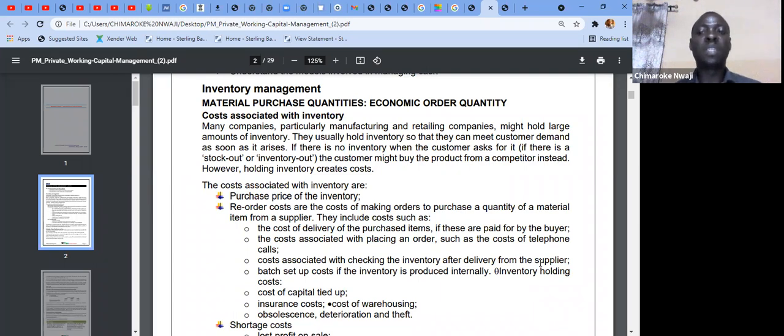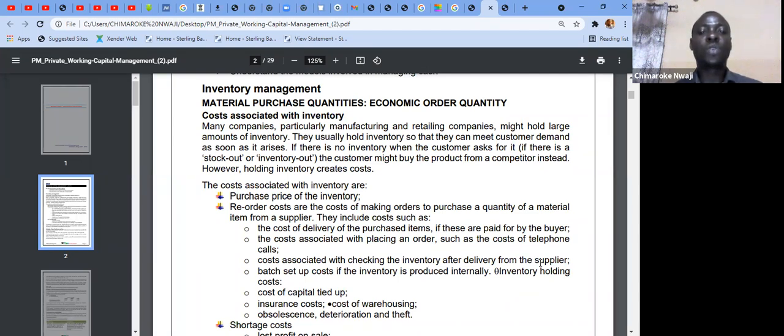Because they want to meet customers' demand as soon as it arises. So it means that when the customer asks for a particular product, they don't want to hear, I don't have it, or the usual excuse people say, let me go and get it in the packing store or in the warehouse. They want you to give it to them when they ask.